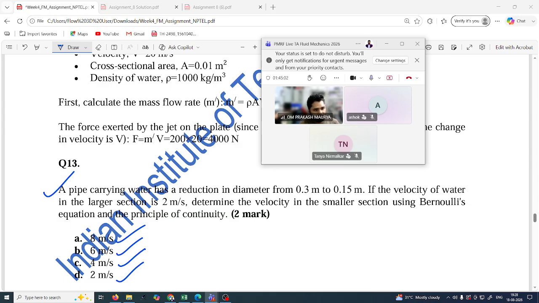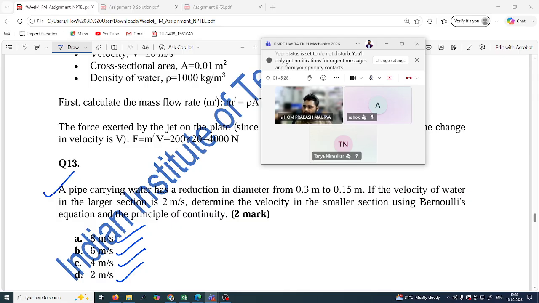Okay, so now I am going to solve. Here you have a pipe carrying water that has a reduction in diameter from 0.3 meter to 0.15 meter, which means you have a tapered pipe.